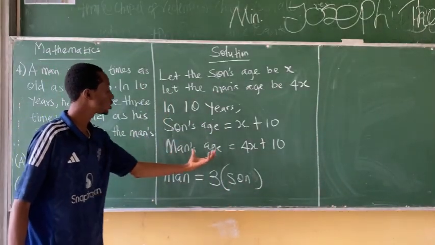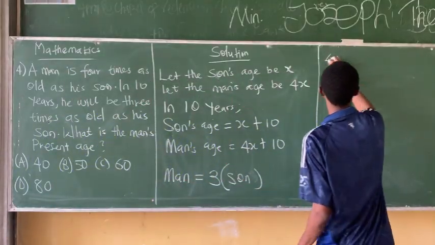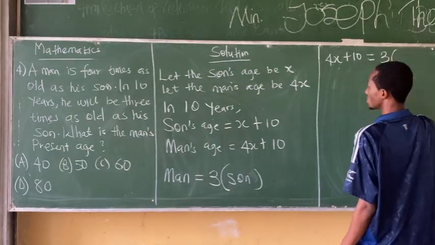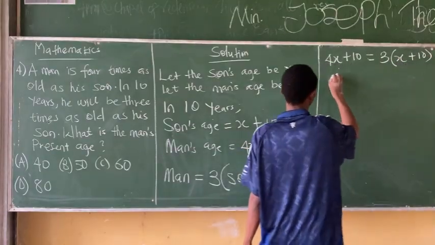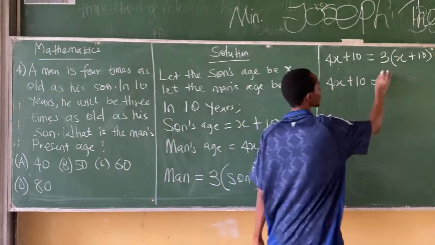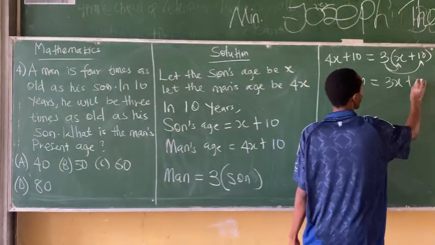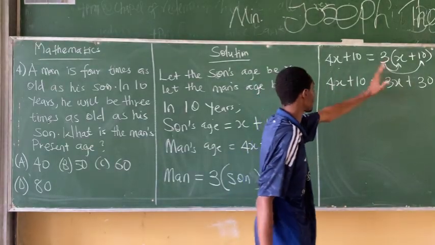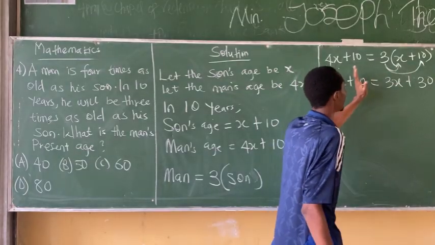So if we substitute the age of the man here and the age of the son here, we have that the man, 4x plus 10, is equal to 3 into the son's age, which is x plus 10. Here we have 4x plus 10 is equal to 3 times x gives us 3x, and 3 times 10 gives us 30. If we collect like terms, values with x one side of the equation, we want to start x with this other side. Minus 3x comes here and 10 goes here.